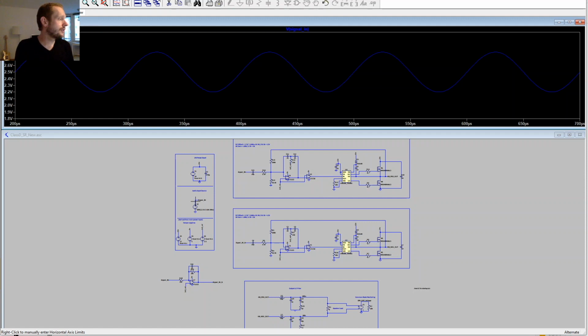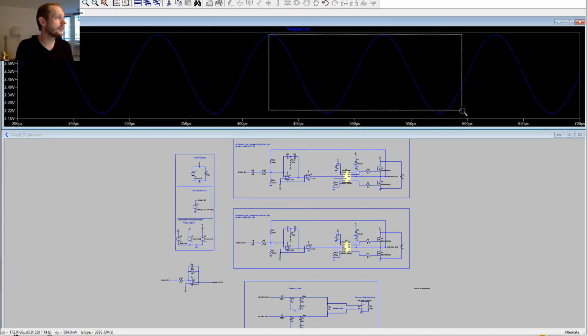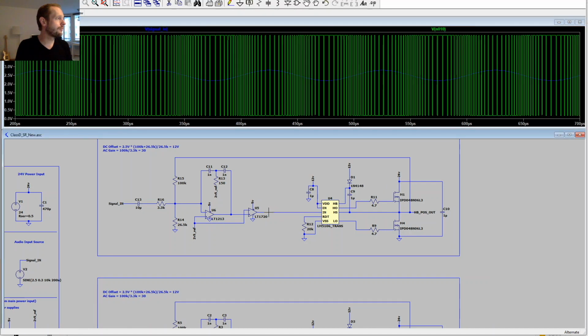At first, this here is our signal input. We have a 10 kilohertz signal with 600 millivolts peak voltage. And this is already our Class D amplifier, where the signal is coming to this point. The most interesting thing is what is coming out of the comparator.